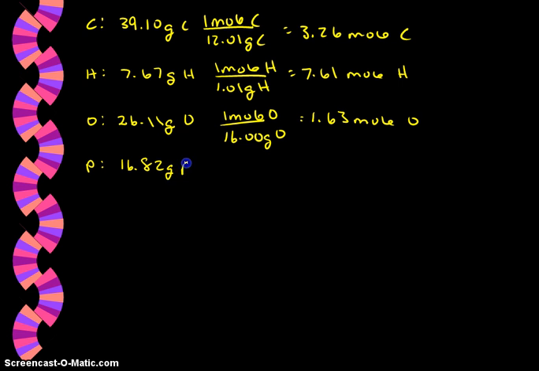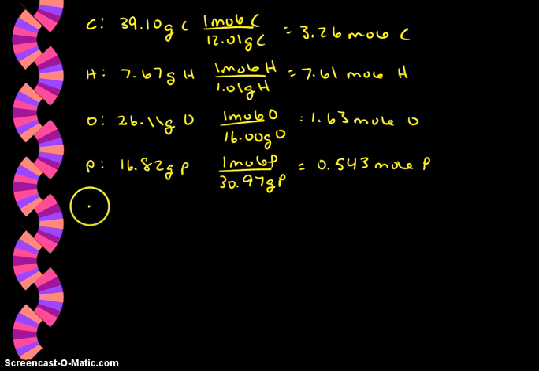We've got phosphorus, 16.82 grams of phosphorus. 1 mole of phosphorus is 30.97 grams. So that'll give us 0.543 moles of phosphorus.